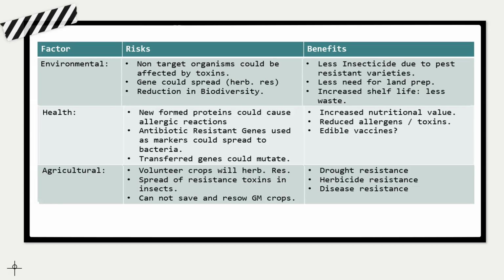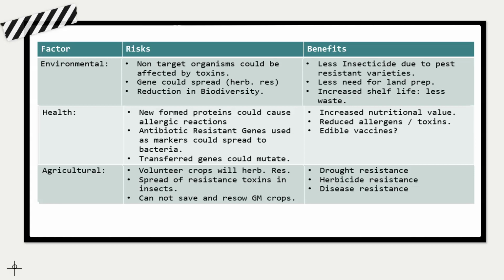Okay, so it saves on their costs in terms of sowing their crop every year. That is not allowed with GMO crops. So if you sow GMO crops, you then have to harvest them all and sell them all. And there's specific ways that has to be done, but you cannot keep any to replant.